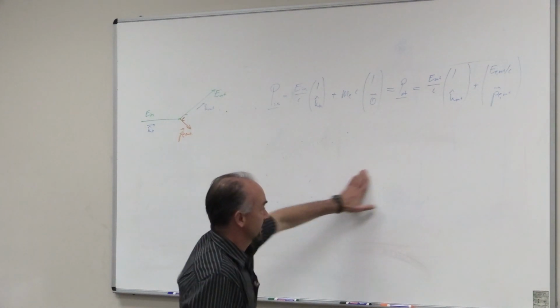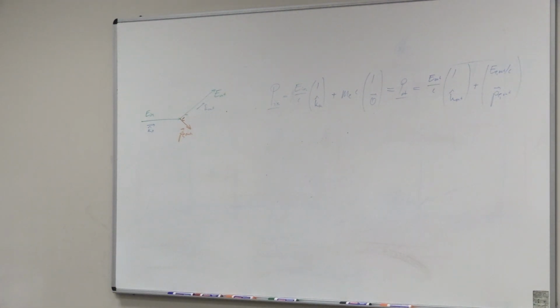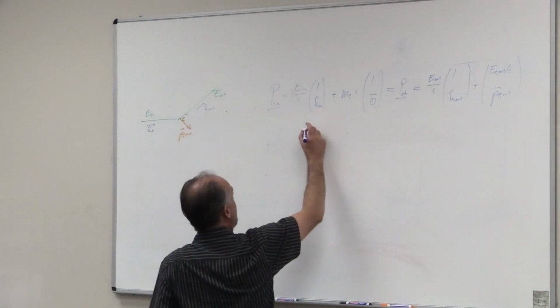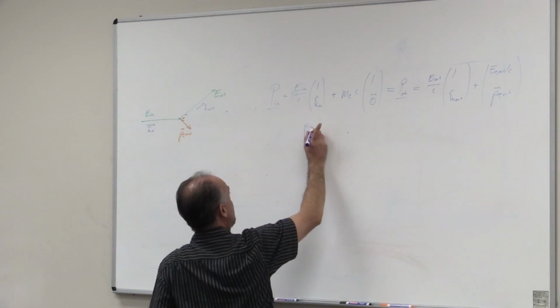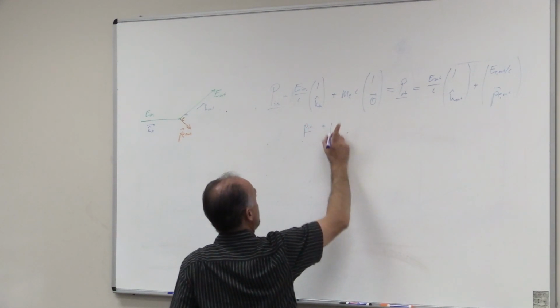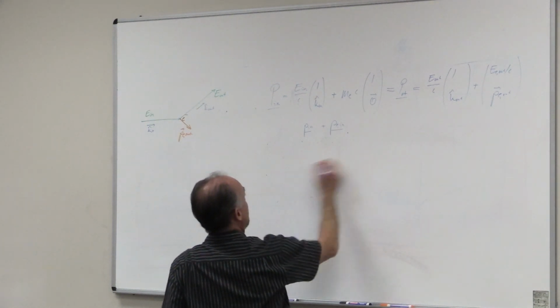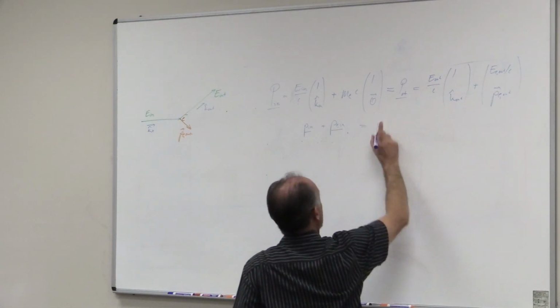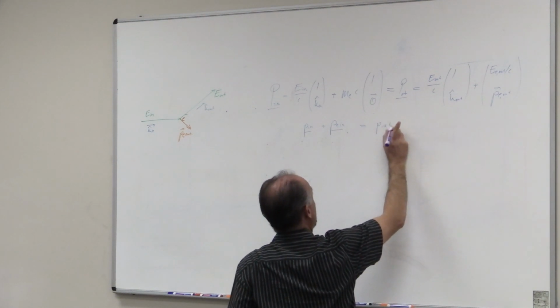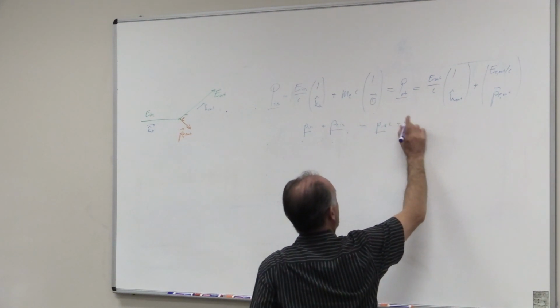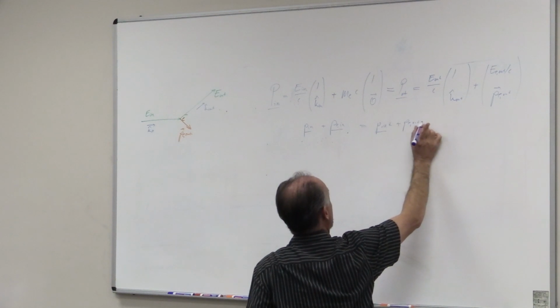Right? So let's call this P in plus P electron in equals P out plus P electron out.